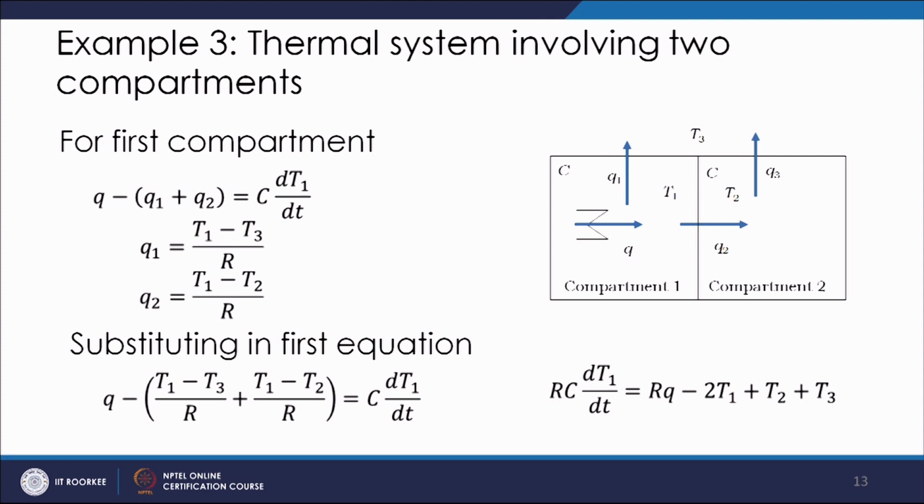What is my net heat in? Q is my input, and Q1 and Q2 are output from the first compartment. So, my net heat influx is basically Q minus Q1 plus Q2, and this is equal to C dT1 by dt, where T1 is the first room temperature.